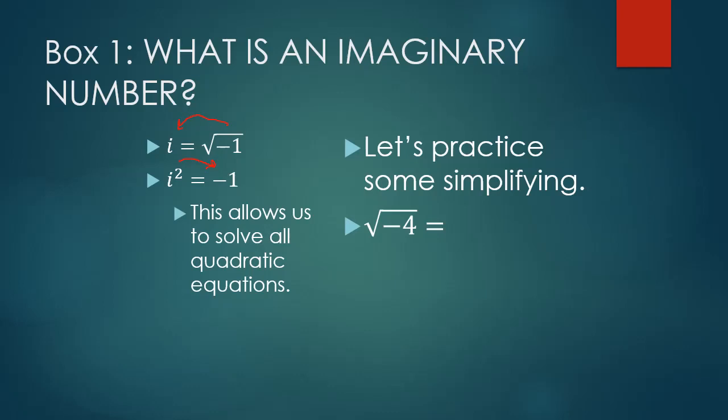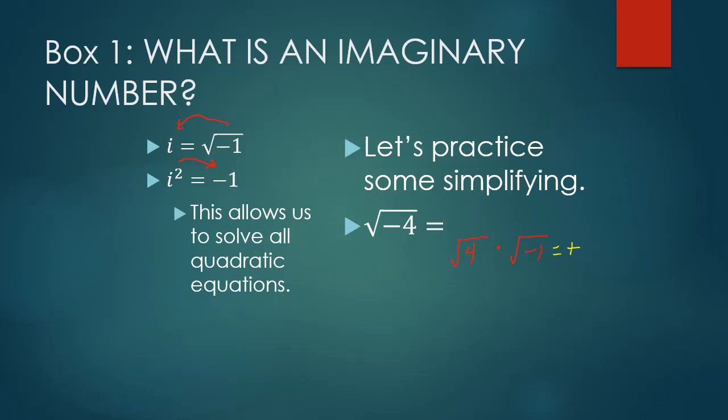If I have the square root of negative 4, what I'm going to do is separate my negative and my real. So I would separate the square root of 4 times the square root of negative 1. And what is the square root of 4? 2.